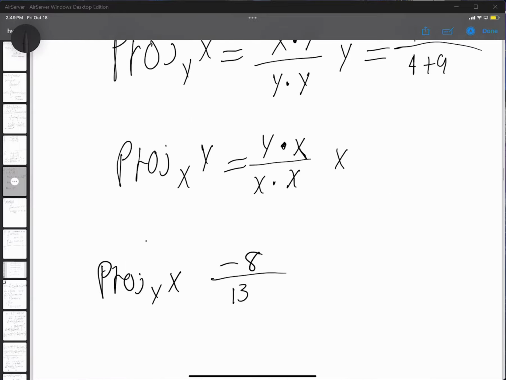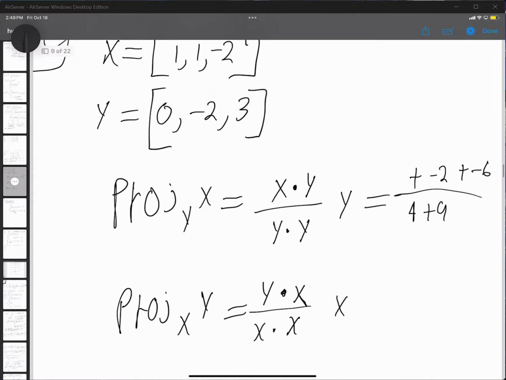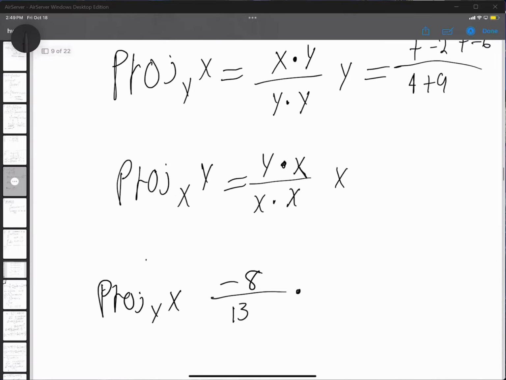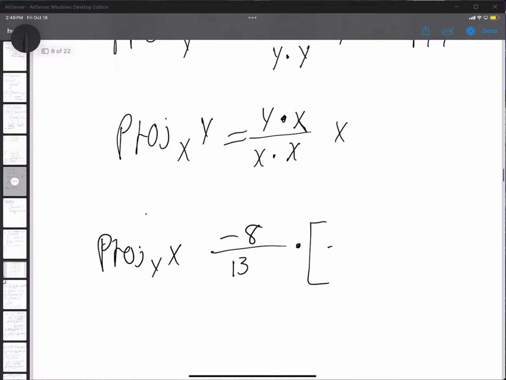Y is a vector: 0, -2, and 3. This is your projection. So what you're doing is taking these dot products, which produces a scalar that you apply to the vector, and you'll multiply this out to 0, -2, and 3, and that'll be a new vector.